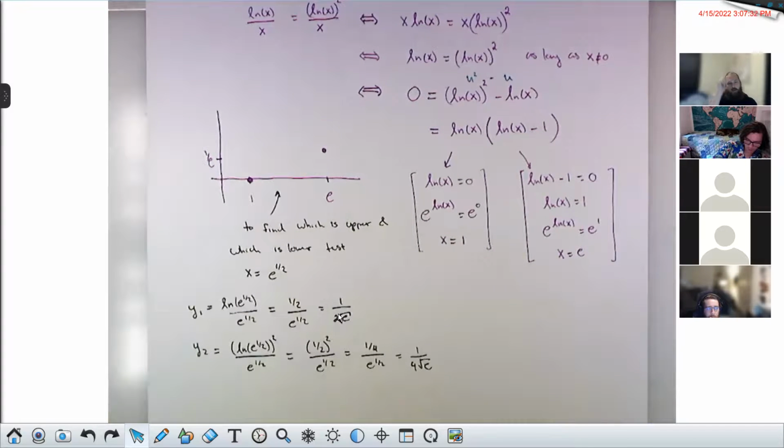So who's bigger, y1 or y2? y1. Good, y1 is larger.